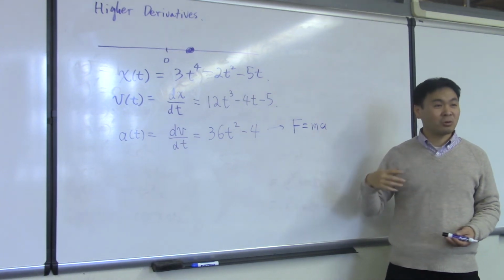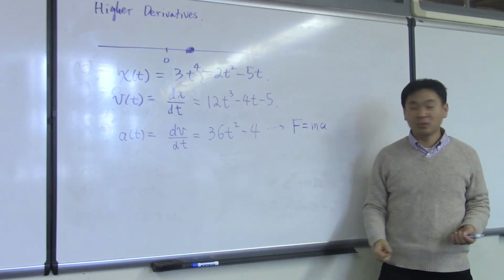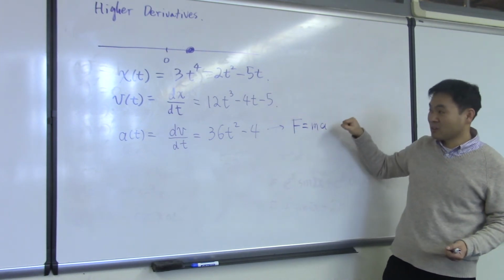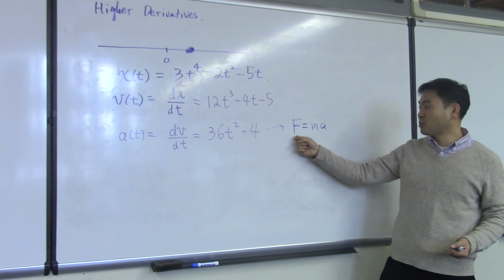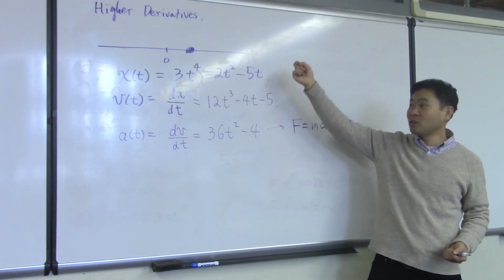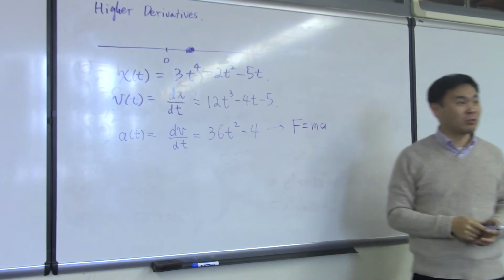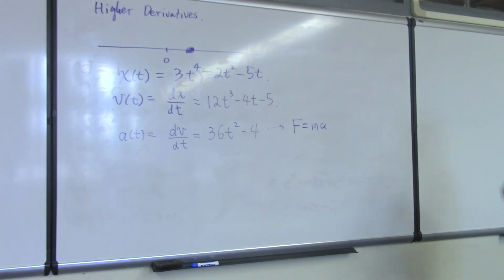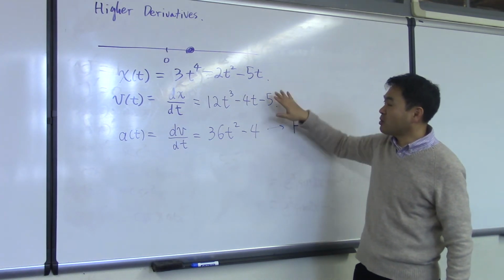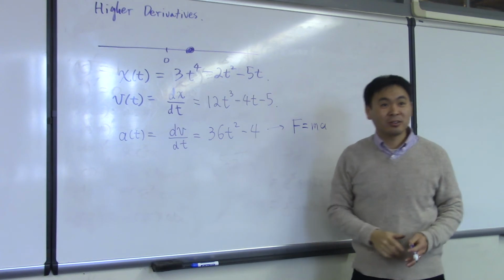If you want to predict how things move, it's not the velocity you should pay attention to, it's really the acceleration. Because force is giving acceleration, and acceleration changes the velocity, which changes the position. That's what Newton's rules are. Okay? So the physics recommends us to take two derivatives from the x. Okay?